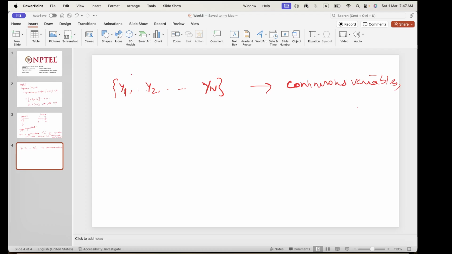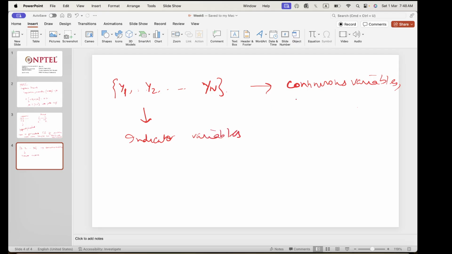We are going to expand the usage and see what happens if we have indicator variables.